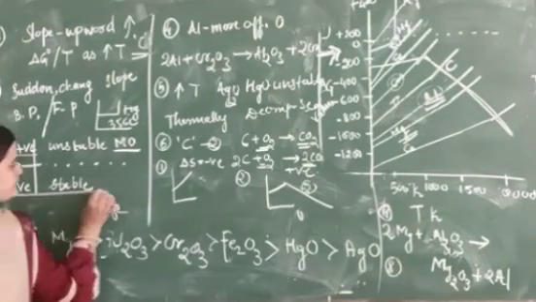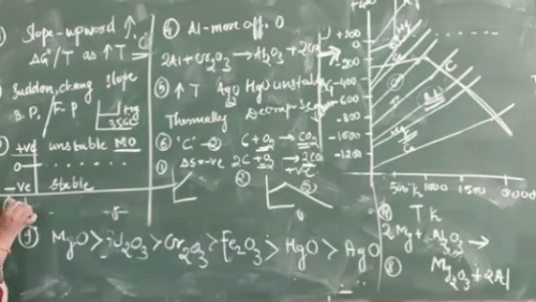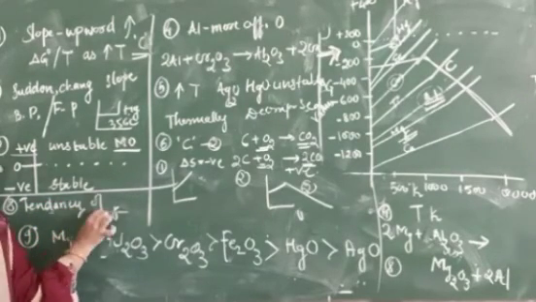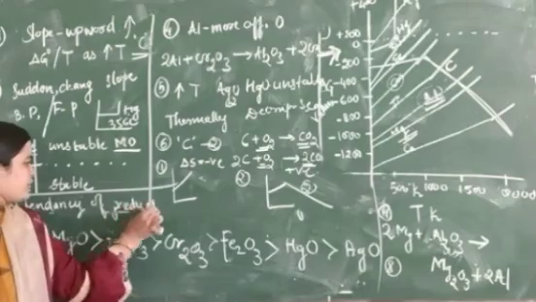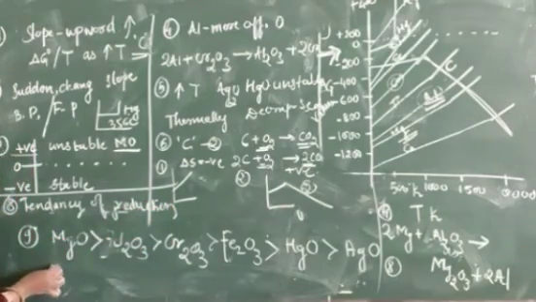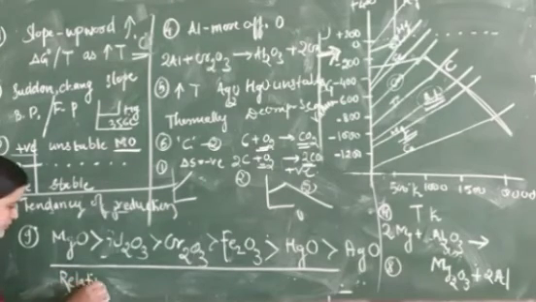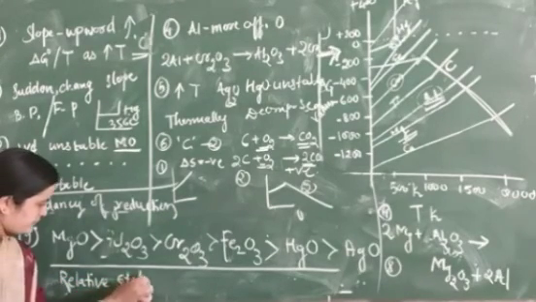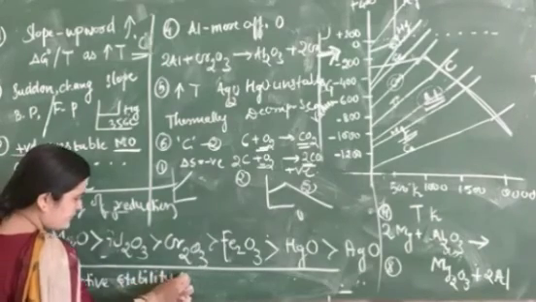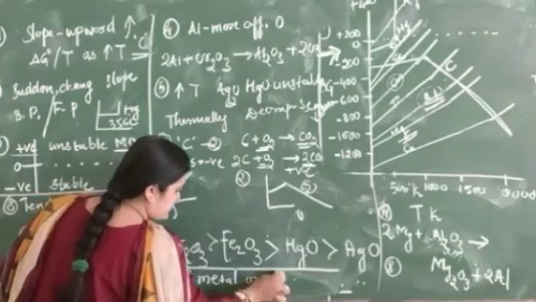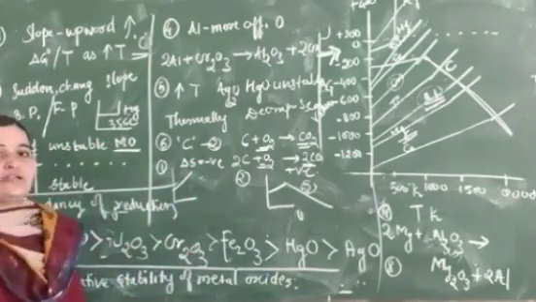And the ninth point: this is the series of oxides, which gives the relative stability of metal oxides.